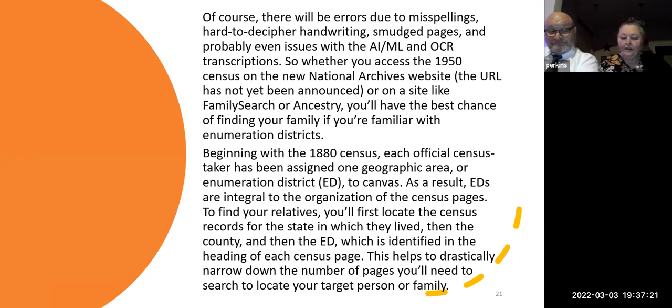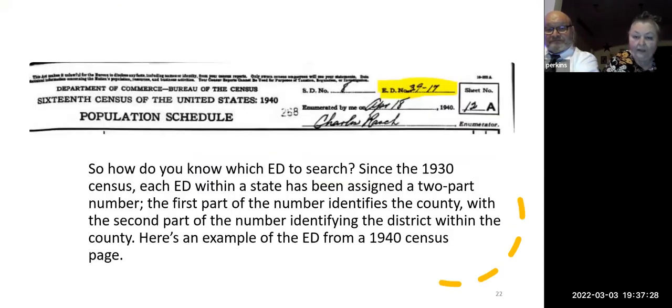And I'll show you what the 1940 census looked like. If you have lots and lots of good luck, you have enumeration districts that didn't change much. And hopefully your family didn't move much. This is a 1940 census page, and up in the yellow highlighted section there, that shows the enumeration district.